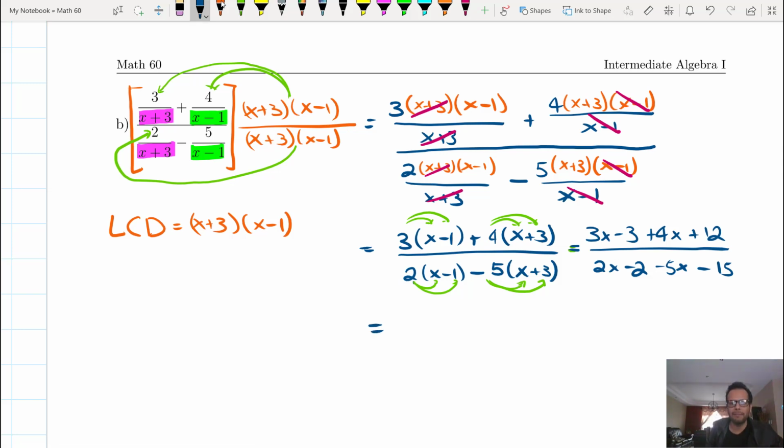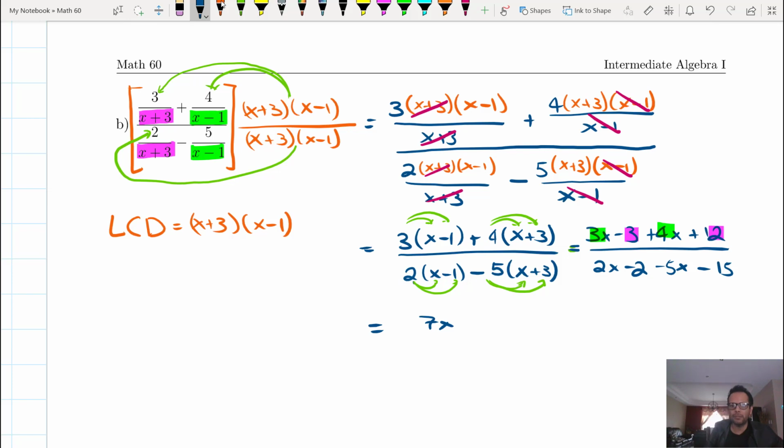So in the numerator, we have a 3x plus 4x giving us a 7x. If you want to highlight this, x's with x's and numbers with numbers.